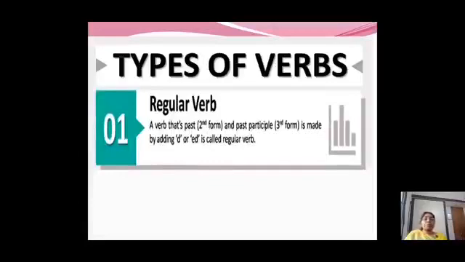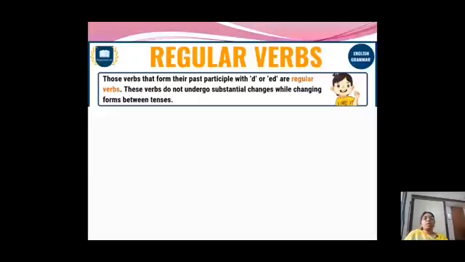First form is present tense, second form is past tense, third form is past participle. Can you understand? Past tense and past participle form will end with d or ed.